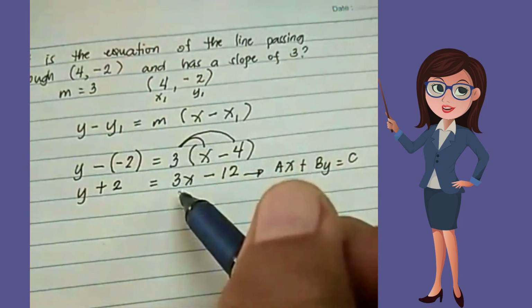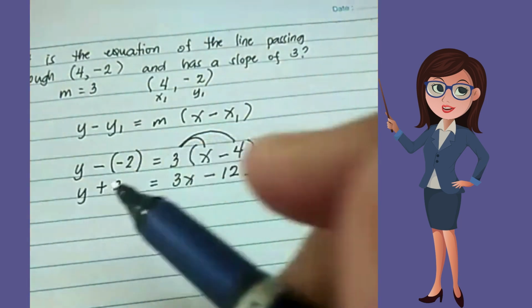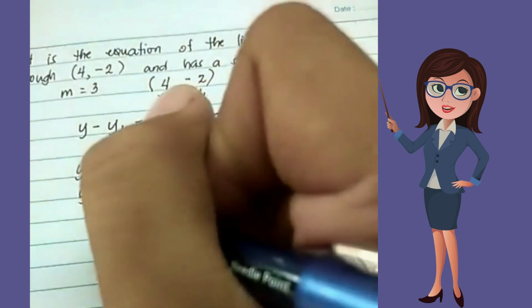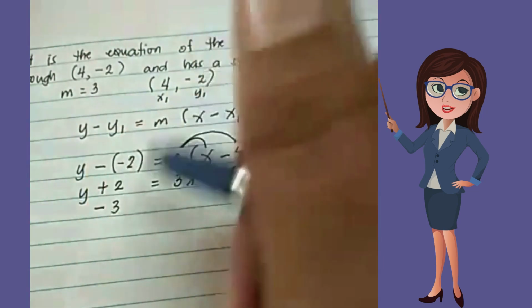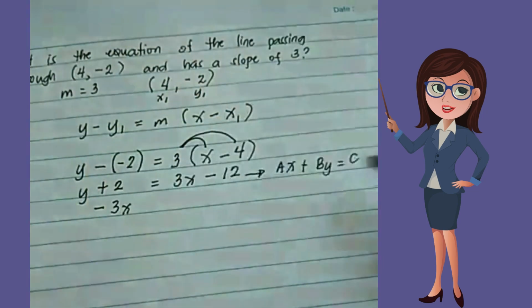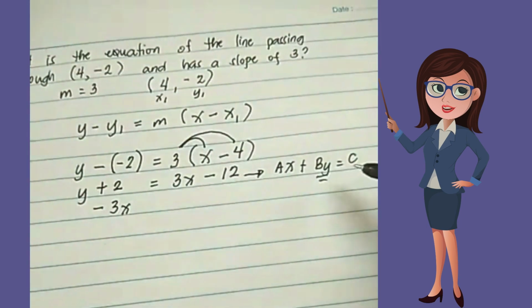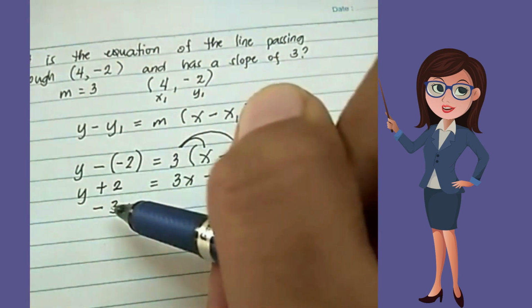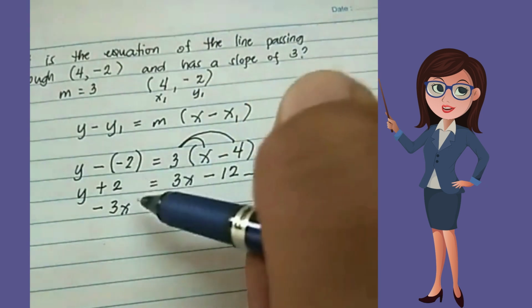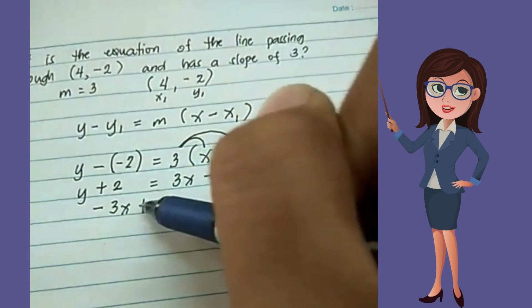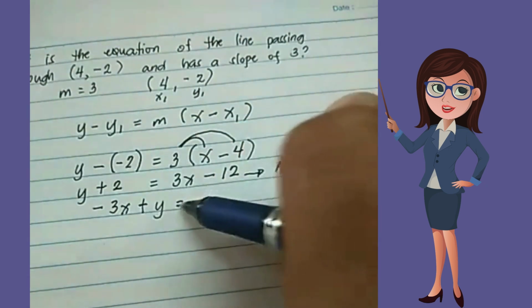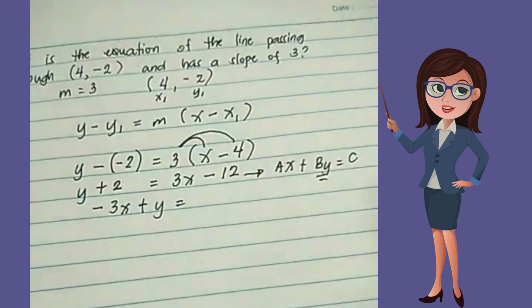So from 3x, tatawid ng equal sign, you have to take its opposite, magiging siyang negative 3x. Then, followed by our y term. Our y term is y, and nasa left side na siya, so kokopyahin lang natin, plus y, equals. Nandun na tayo sa right side.